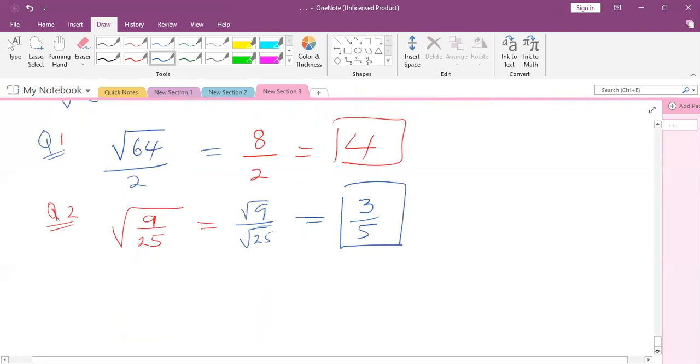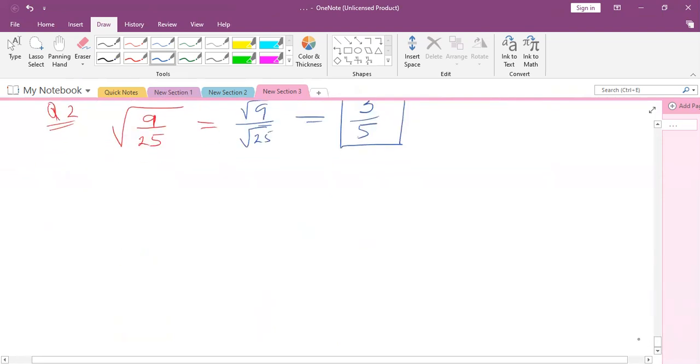Another way you could have the problem is to simplify a given radical. So let's call it question 3. Assuming that you have the cube root of 16. Cube root of 16. How will you do this? Think about this for 30 seconds.